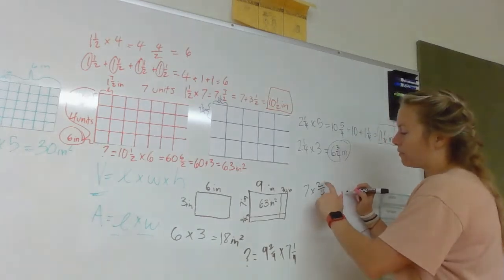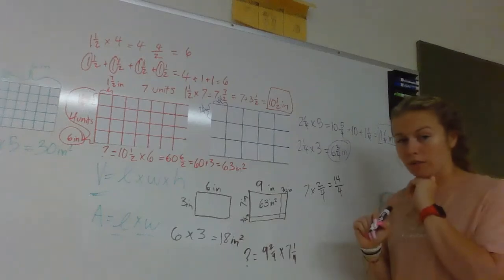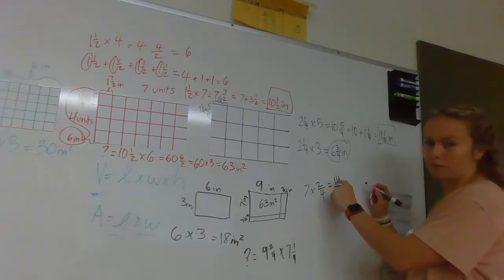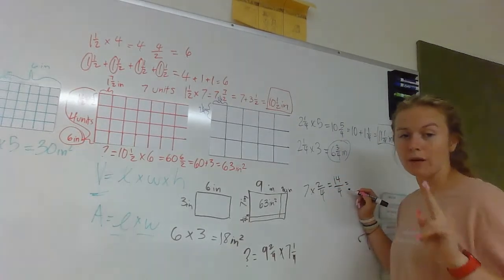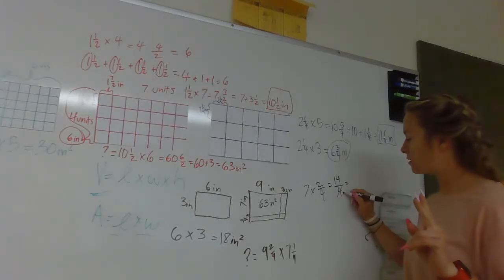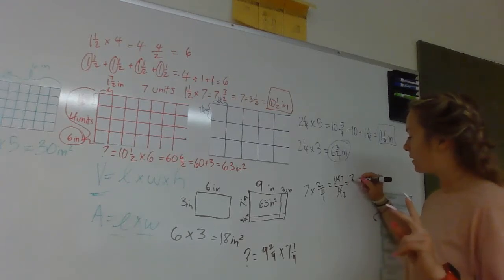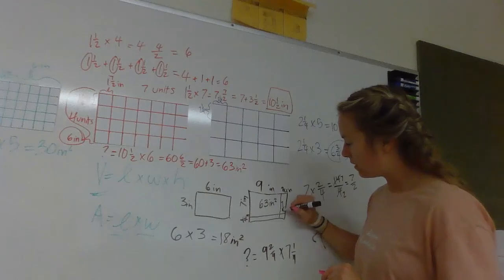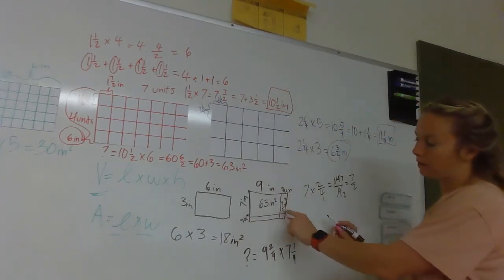So it's 7 times 2, and that's 14 over 4. They both have a common factor of 2. So 4 divided by 2 is 2, and 14 divided by 2 is 7. So now I've got the answer of 7/2. So that's 7/2 inches squared for that little guy.